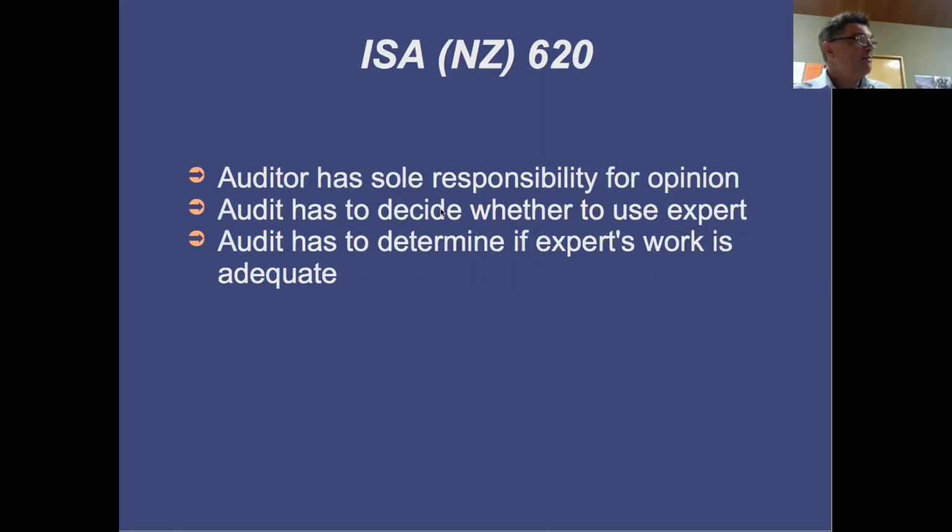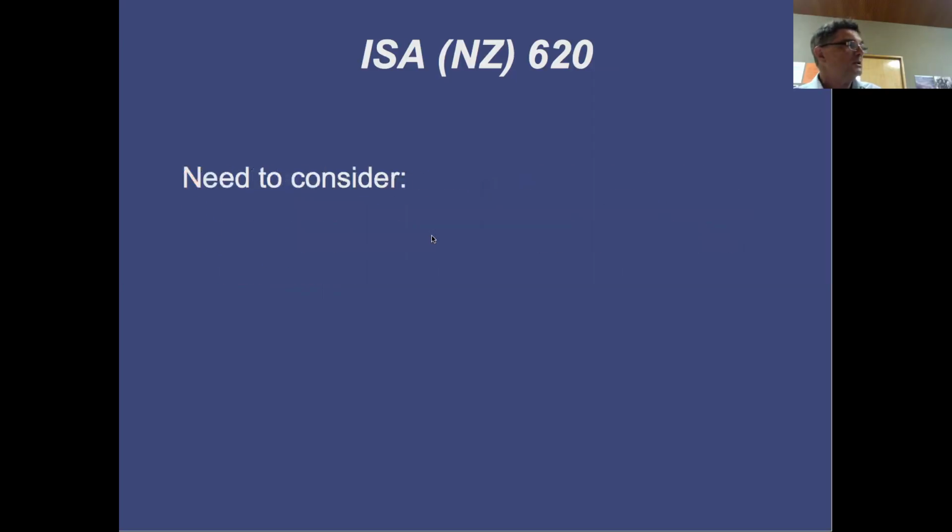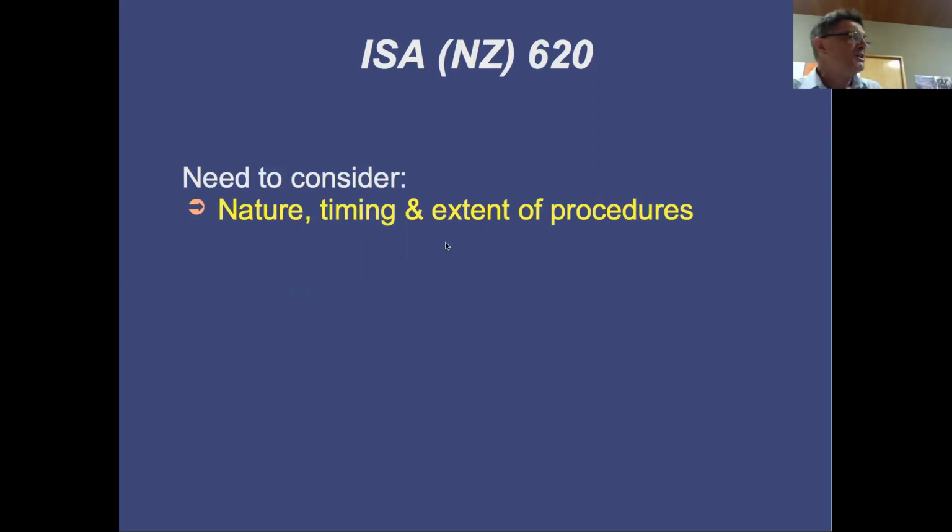And then, having decided whether or not to use an expert, the auditor has to determine if the expert's work is adequate. Well, hang on, but that's what we've got an expert for. So what do we have to do? And where it comes up yellow, this is different from a management's expert.